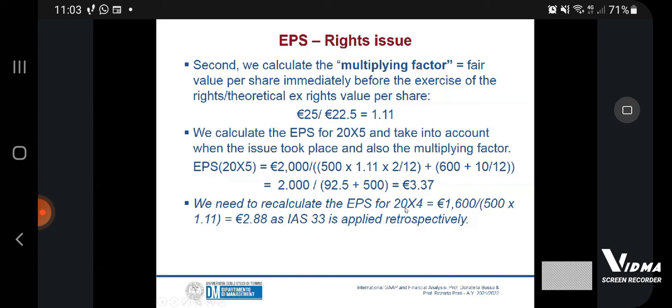Yes, on second braces. Yes, here? No, the other one. No, the 600 plus 10 fraction 12. It should be multiplied. You just sum those numbers. It should be multiplied. The ratio, you mean?